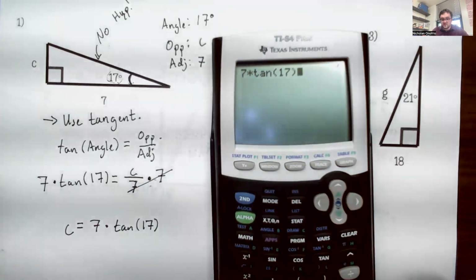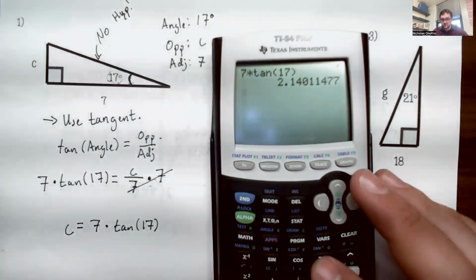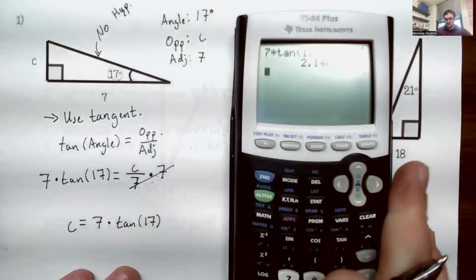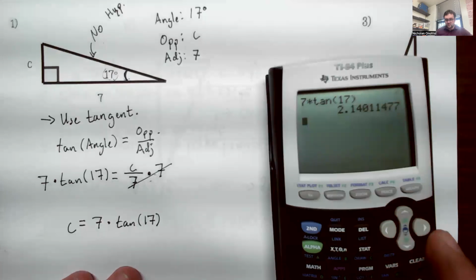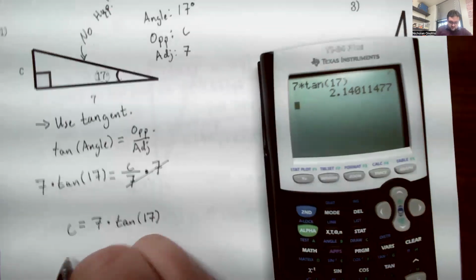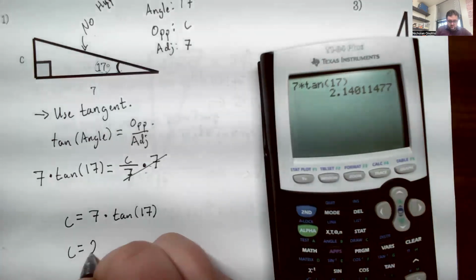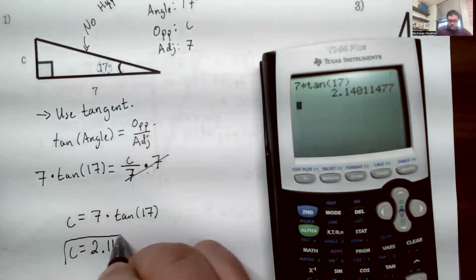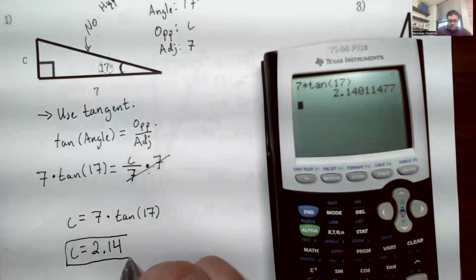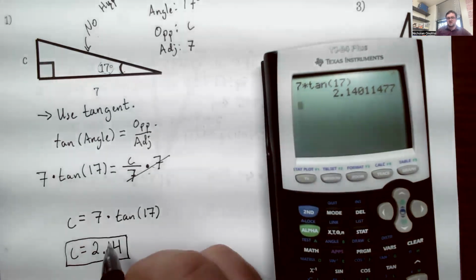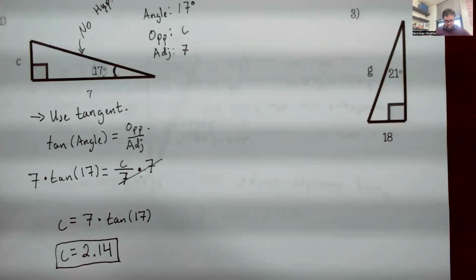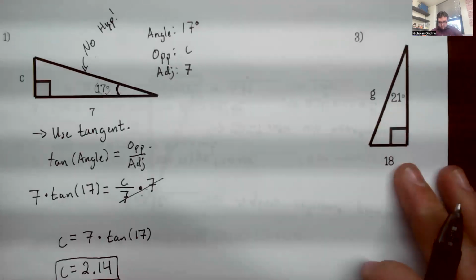Close your parentheses and hit equals or enter, and it will give you a whole mess of decimals, which we can cut off at C equals 2.14. We're not really worrying about rounding here. We're just going to go ahead and cut it off. There's problem number 1.